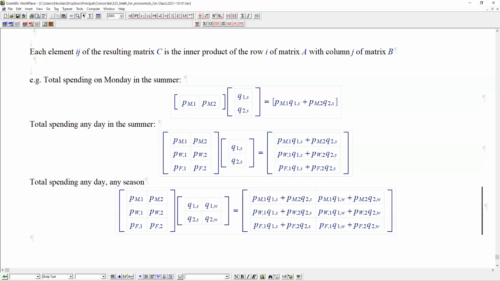But since we haven't seen everything we needed to see for TA session 2, you do what you can, and next week we continue. Do you want me to stop and ask a question, or I can give you a few examples just to see if you understand?